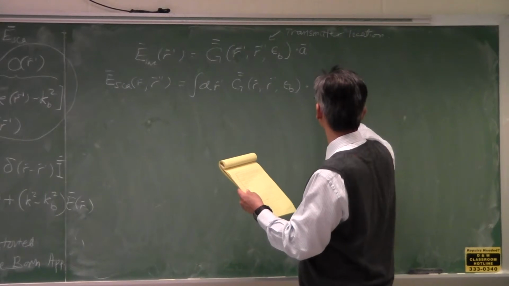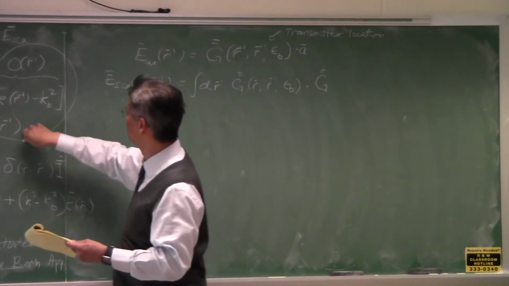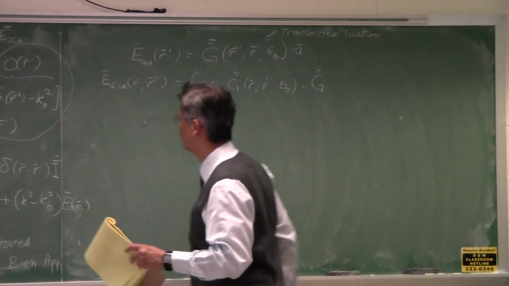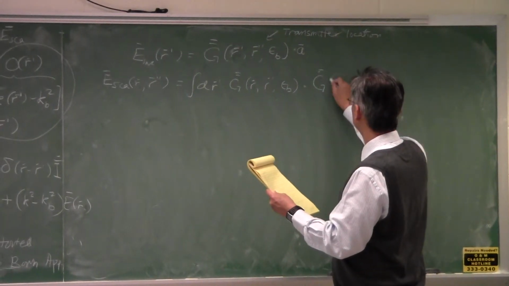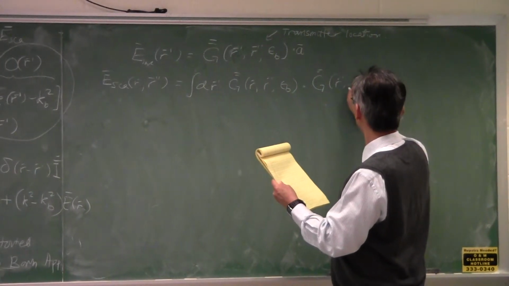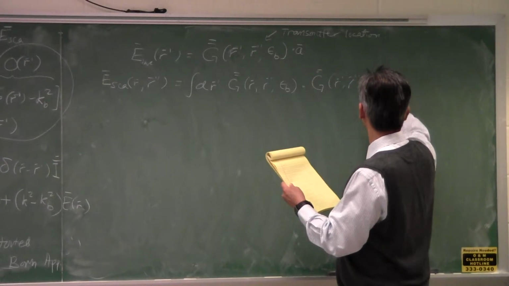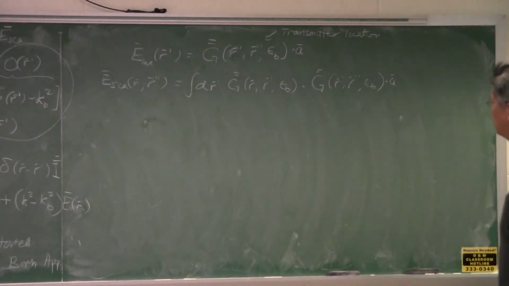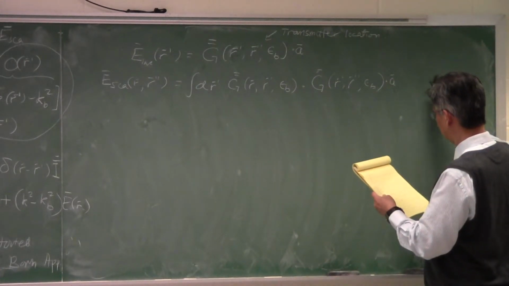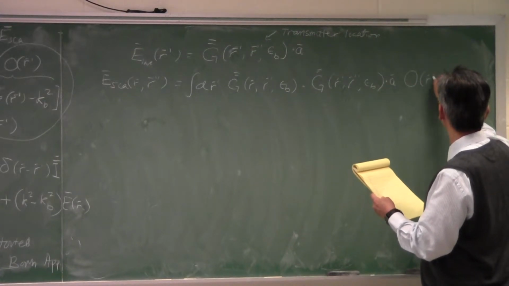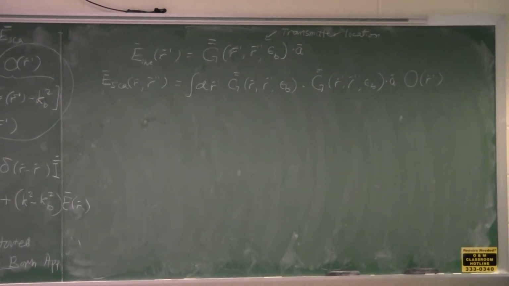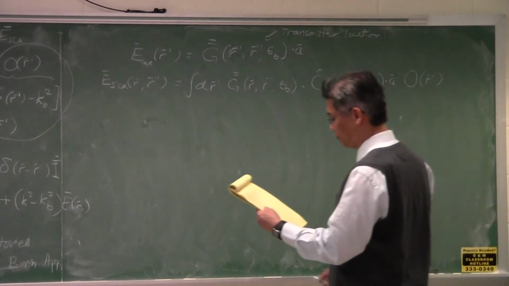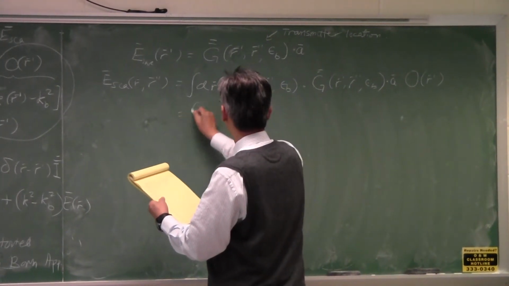I can put a G together. I can lump this G that comes in from here together with that, dotted with A. Okay, A is just the source that will generate the incident field, times the object function of R prime.